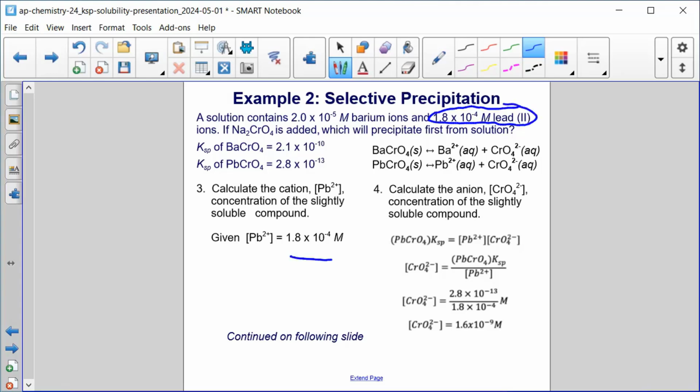And given the KSP expression that we wrote a couple of slides back, we can calculate the chromate ion concentration. So it's just the value of the KSP given, 2.8 times 10 to the minus 13, divided by 1.8 times 10 to the minus 4. And when we do that, we get 1.6 times 10 to the minus 9 molar.